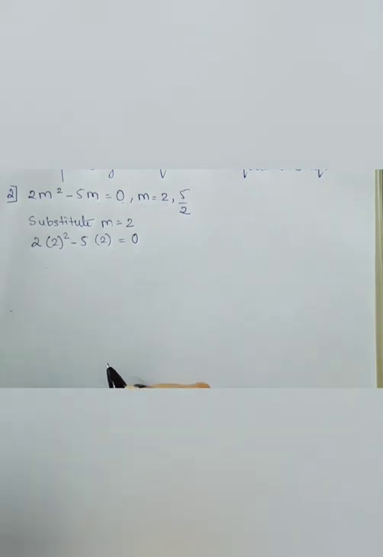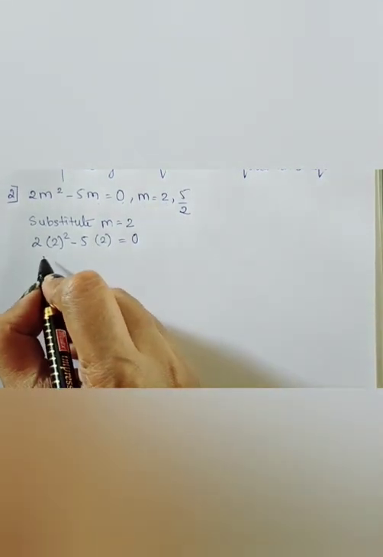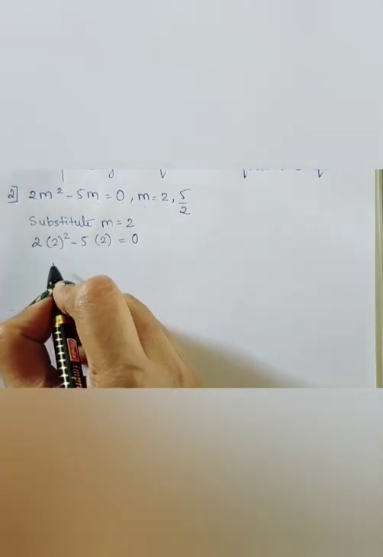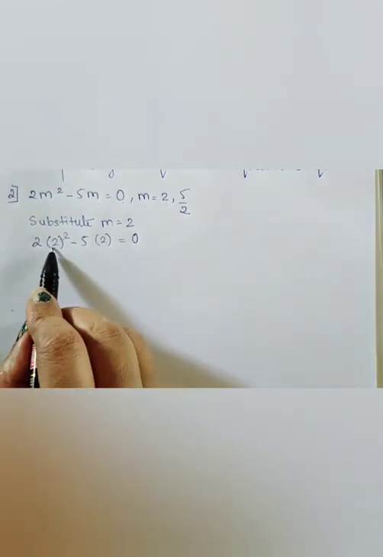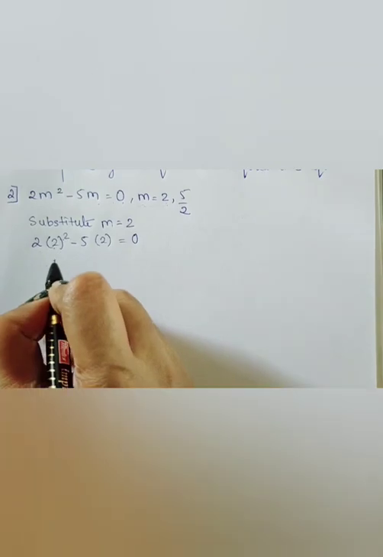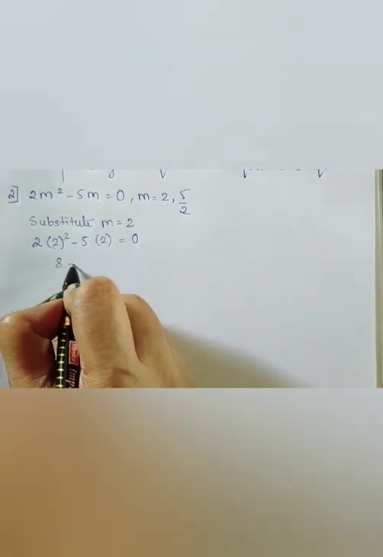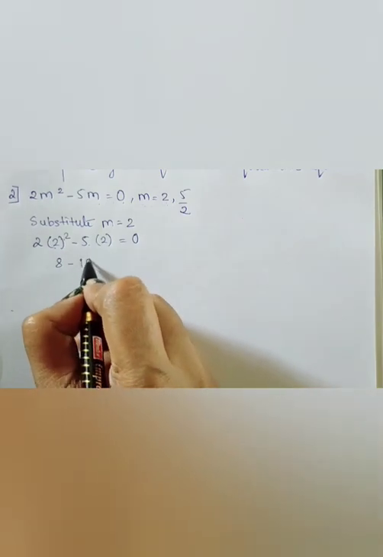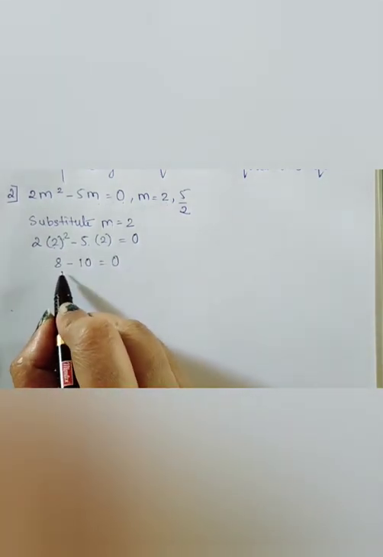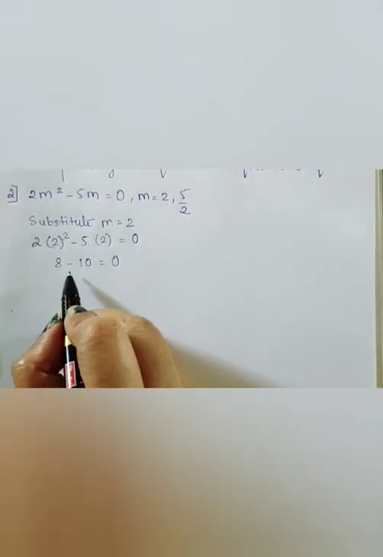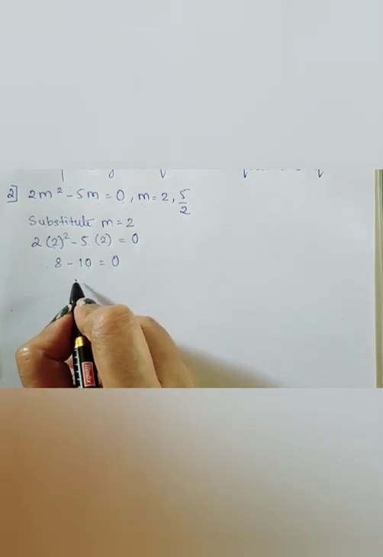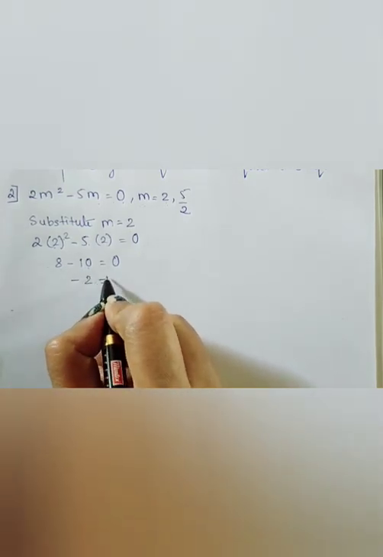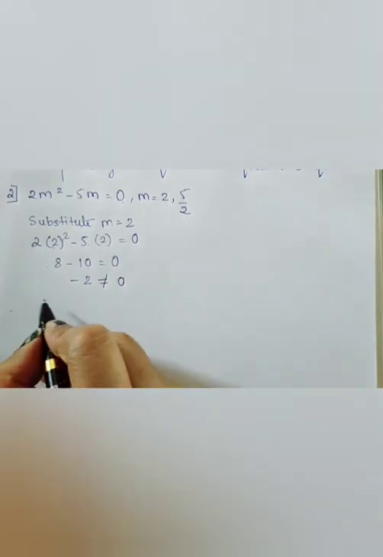Okay, I hope you are getting it. Next step, 2 square is given, so it will become 4. 2 4s are 8 minus, this is what, 5, 5 2s are 10 equal to 0. Now after doing subtraction, the bigger number having minus value, so we will write minus 2, which is not equal to 0.